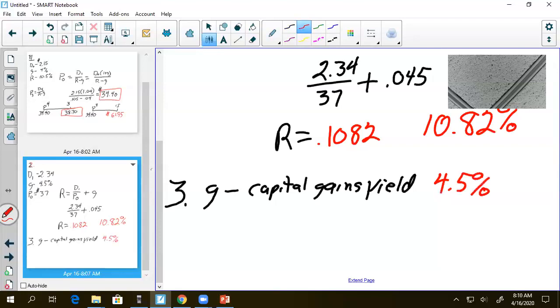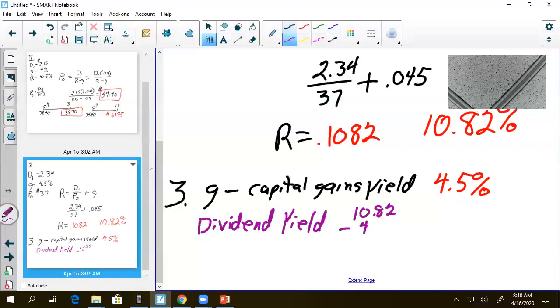And then it says, what's our dividend yield? So that would be 10.82 minus 4.5. So what's that? 6.32%. Okay. Is everybody good there?